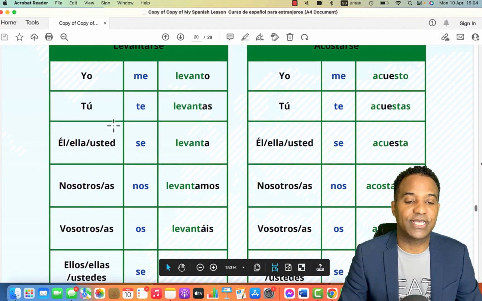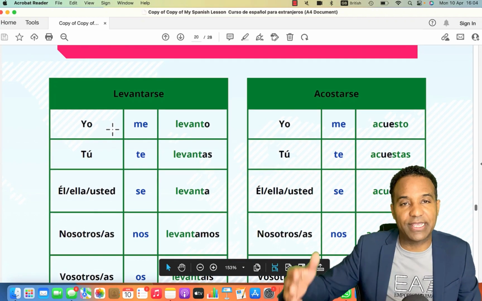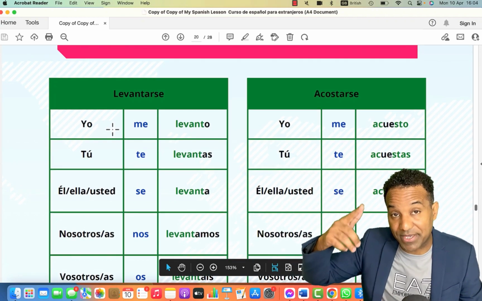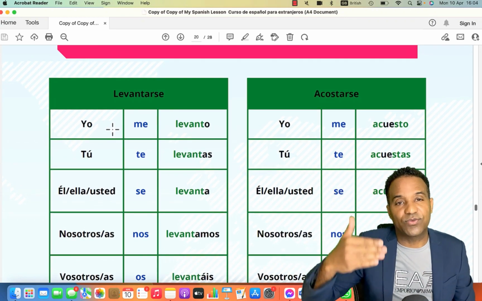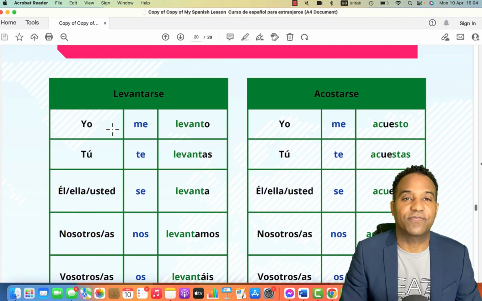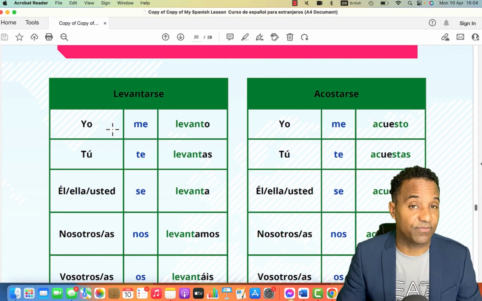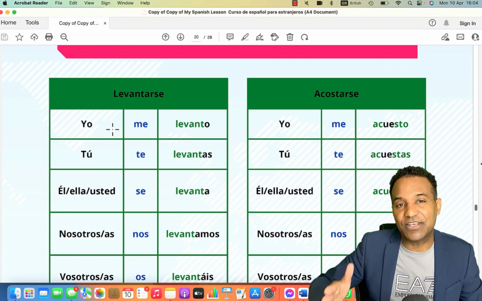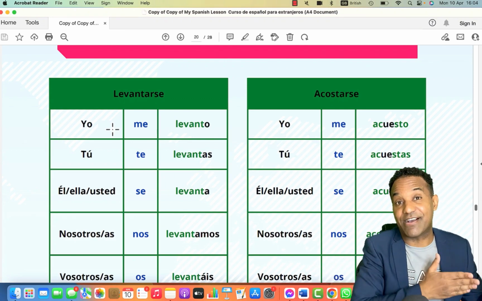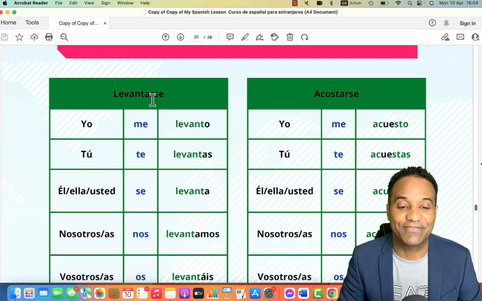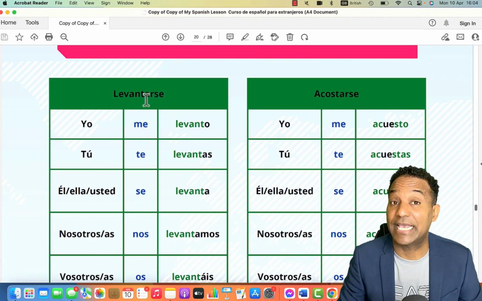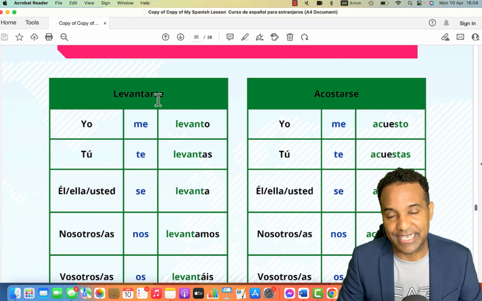So how do we conjugate it? You remember in course beginner A1.1, we saw the conjugation breakdown for verbs in Spanish for the present tense, the ending of the verb ending in AR. So you have levantar, which is an AR verb, and then se.